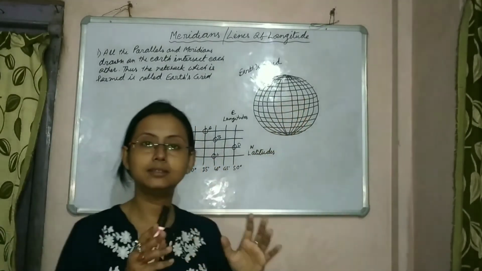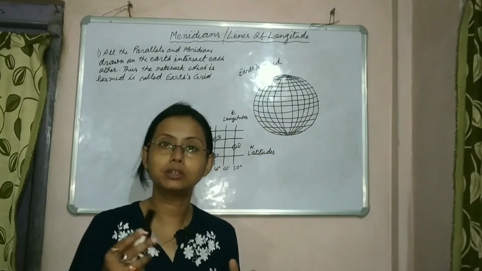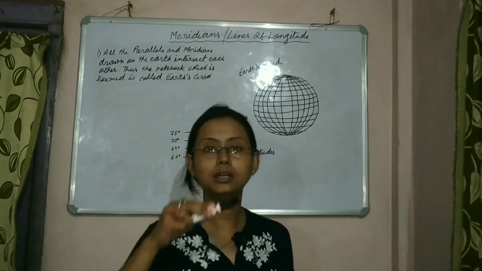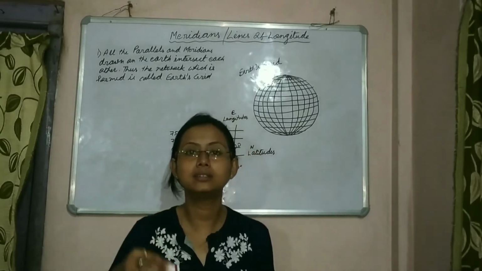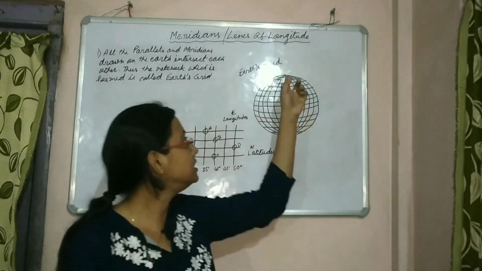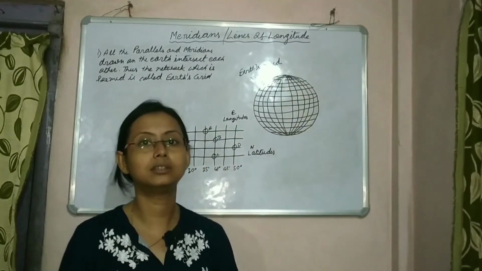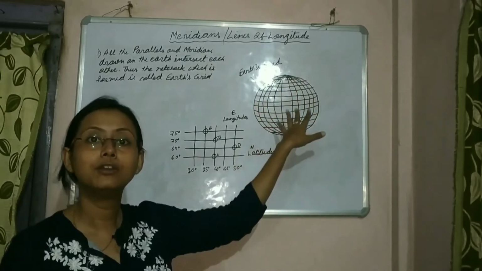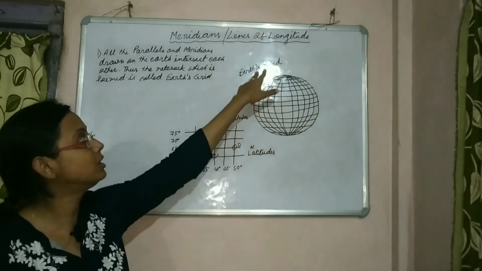If you take a globe and watch it closely, you can see that all the 360 meridians and 181 parallels drawn on the globe cut each other in this way, and thus a kind of network is formed, and this network is called the Earth's grid.